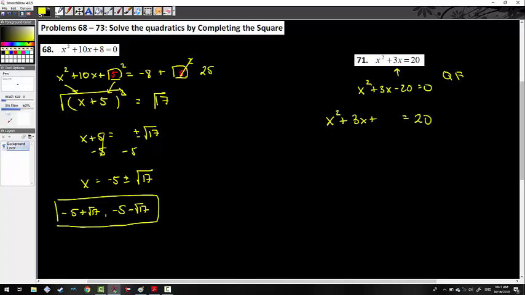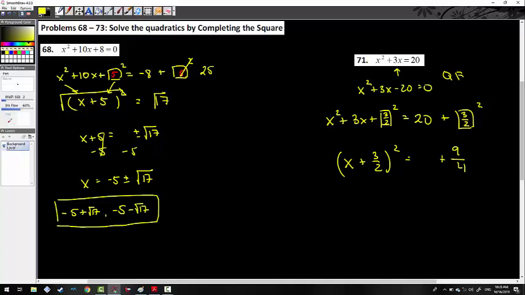So what am I going to do? I'm going to go ahead and add the box on either side. Add the box. Now, I drew the box this way because the half of 3 is literally 3 over 2. And now this is again why I do it this way. It's because the easy side then factors into x plus 3 over 2 all squared is equal to, this is going to be some hard stuff here, 3 over 2 squared is 9 over 4.